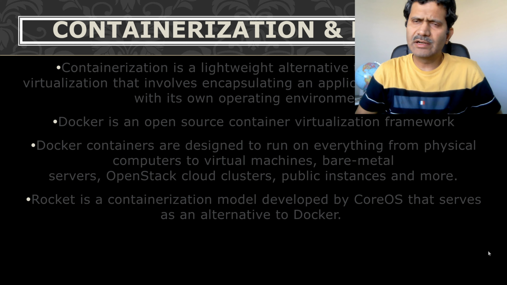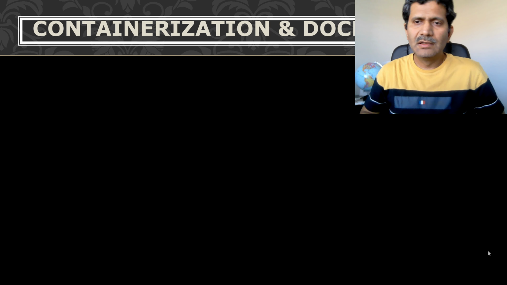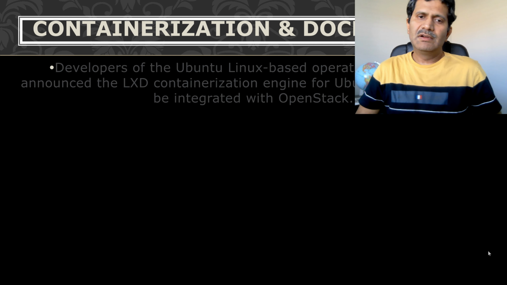Rocket is a containerization model like Docker developed by CoreOS people that serves as an alternative to Docker. And this is also another containerization tool which can be leveraged for creating containers.